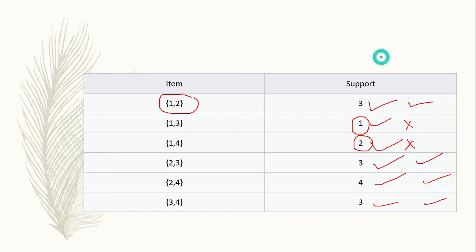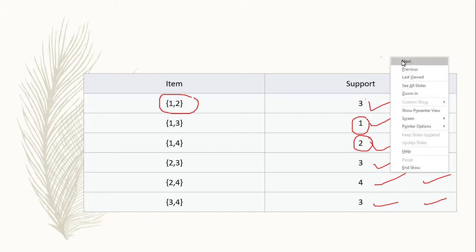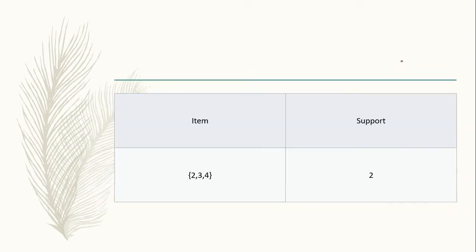Now moving to the next one. Got it, everyone? If the support is less than 3, it will be deleted. In the next step we have the triplets. In this example there are no frequent triplets. For 2 3 4 we have support 2. Is this valid?